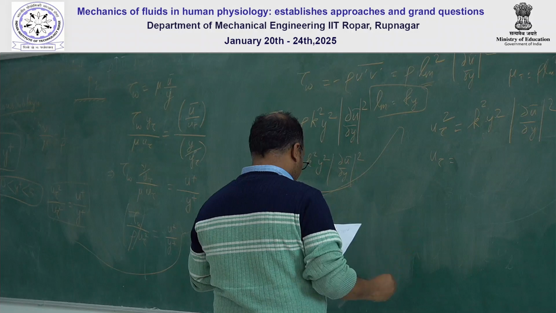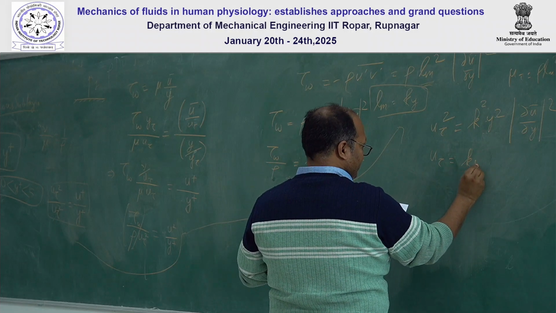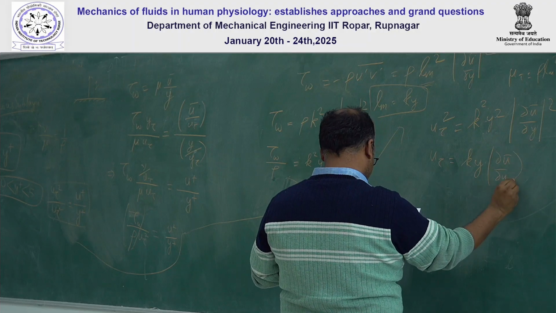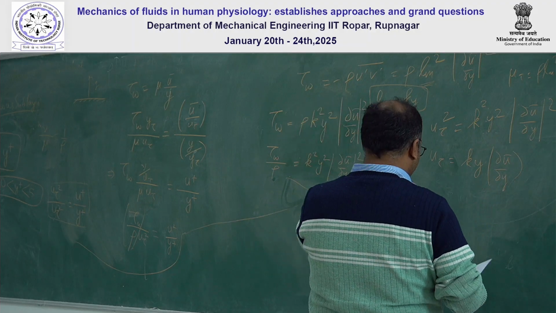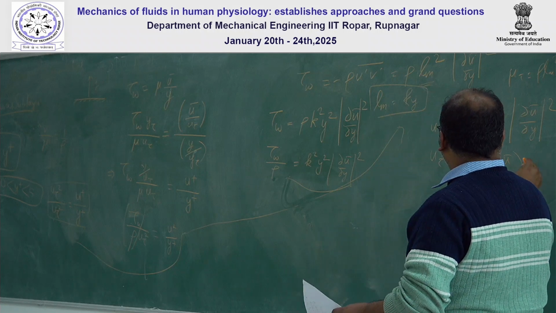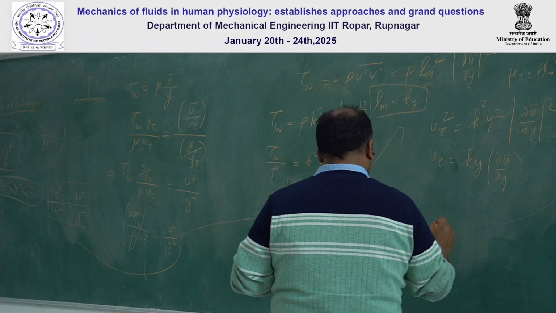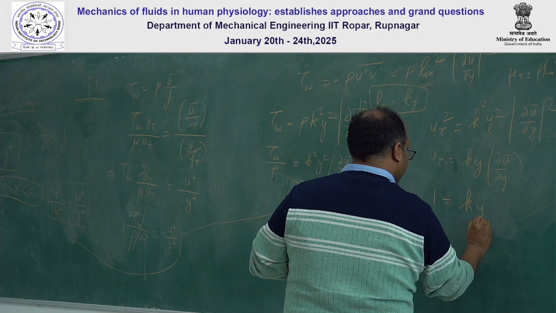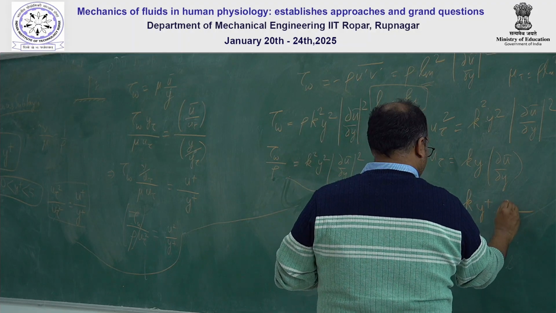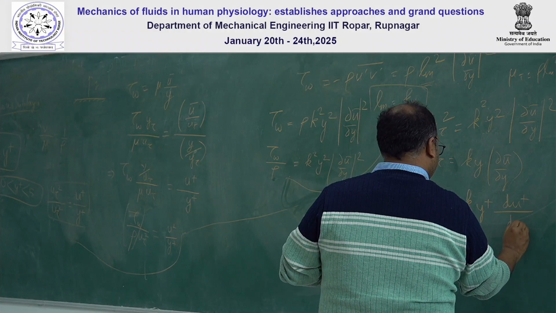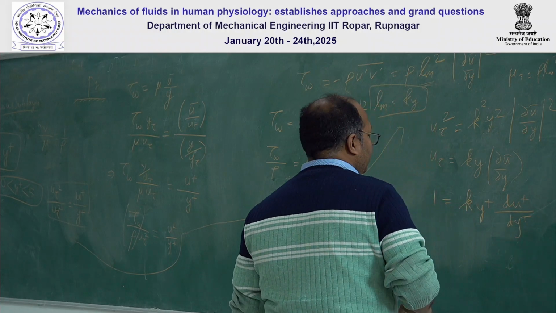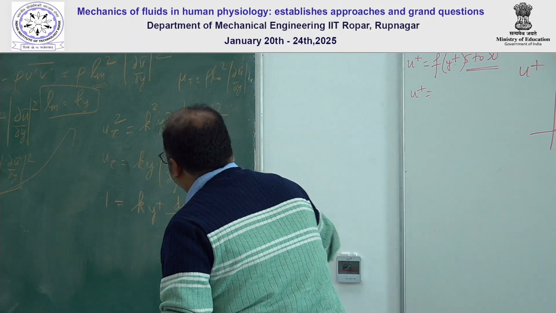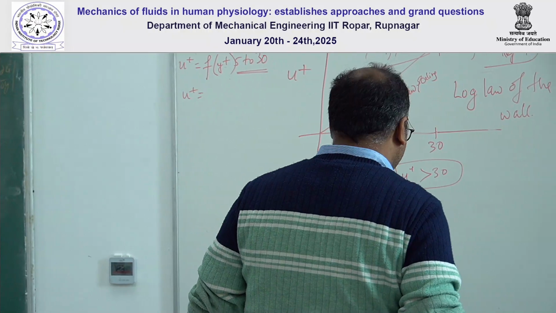If we take the root, we can write u tau equal to k y del u bar by del y. Following that, I am not writing down the intermediate steps, but you can show that 1 equal to k y plus du plus by dy plus. There are one or two intermediate steps you can easily carry out for that conversion.